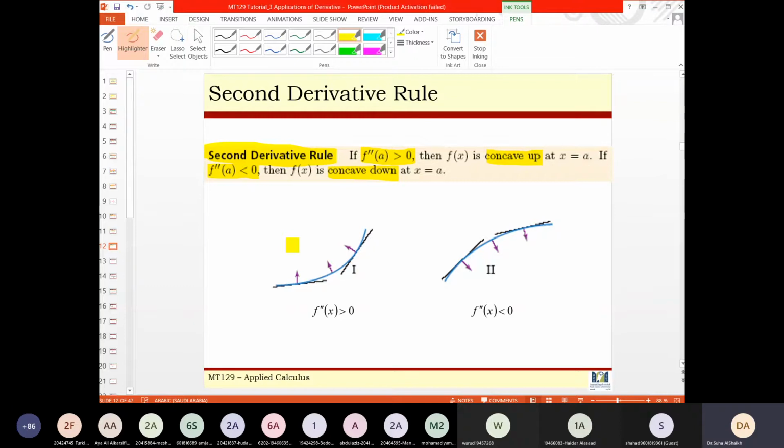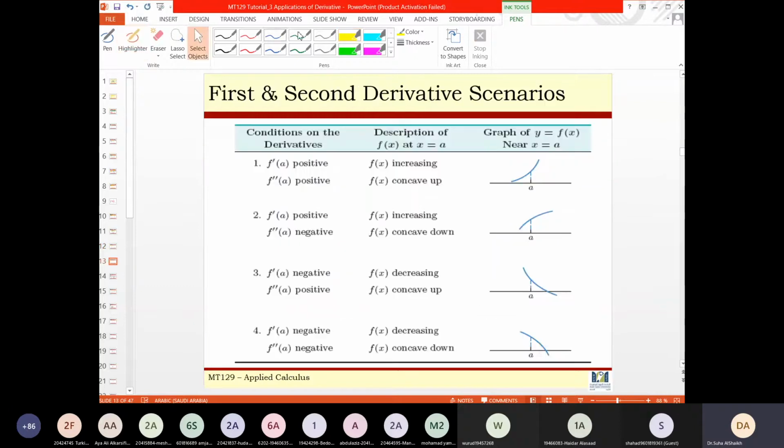And to summarize the things here, they are giving you this great table. If f dash is positive, it means increasing. If f double dash is positive, it means concave up. So increasing and concave up, this is how it looks. If f dash is positive, it means increasing, and if f double dash is negative, it means concave down.